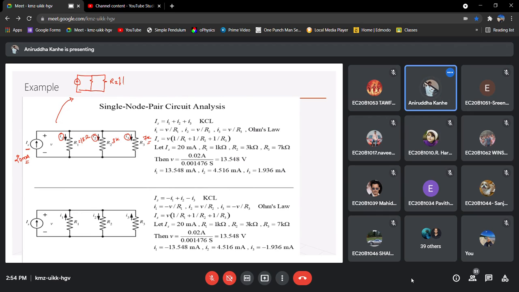Don't worry, I'm not going to ask such questions in the exam. These are very simple, just to see whether we are able to use the techniques which we are studying here. So you first draw the equivalent circuit like this. You merge R2 and R3, and then you can utilize the current division rule.